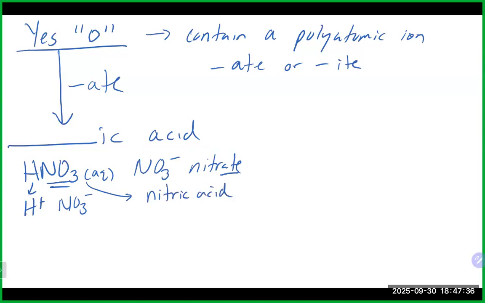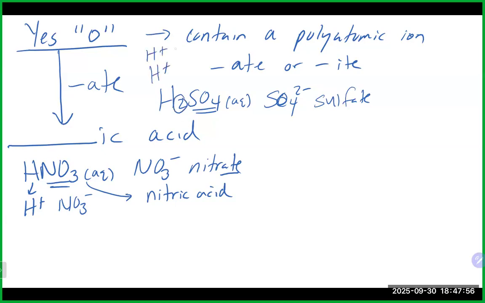If you have H2SO4, also with the aqueous symbol, that is sulfate, SO4 2 minus. By the way, that is why we have not one hydrogen in this case, but two of them, to balance out the -2 charge from sulfate.